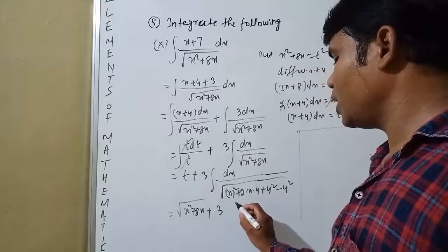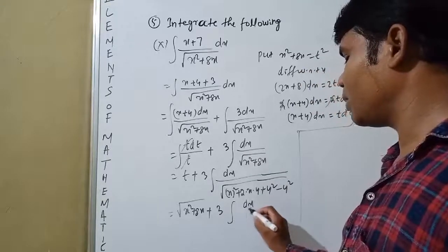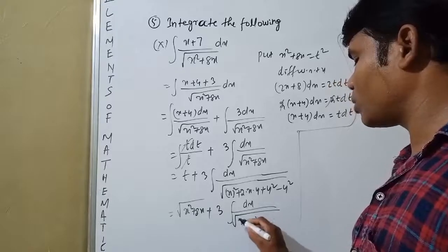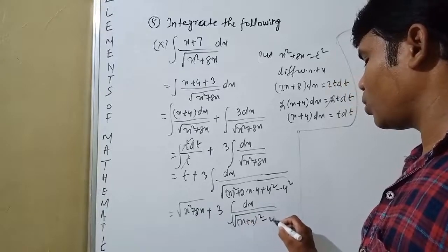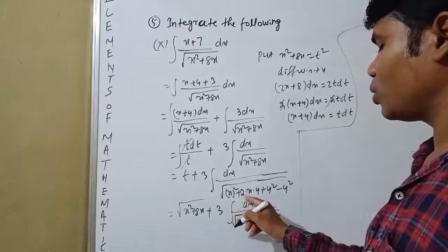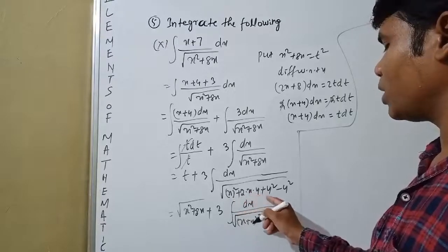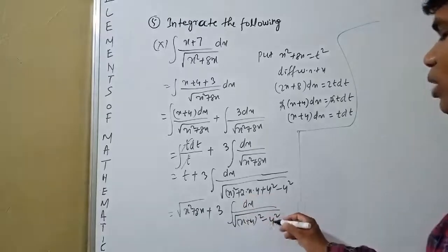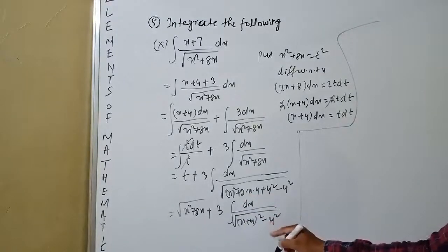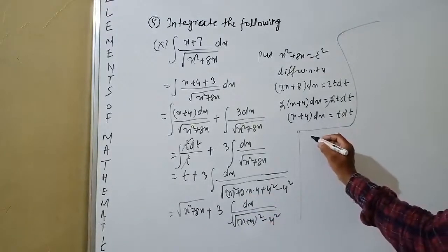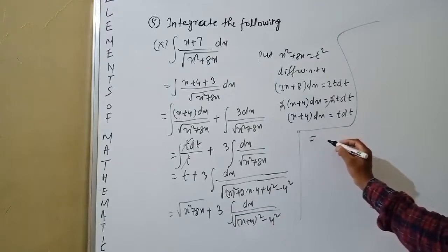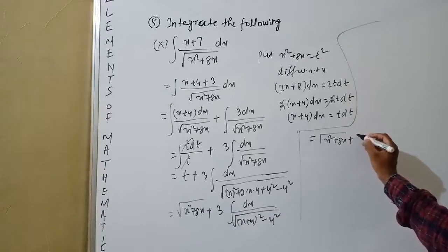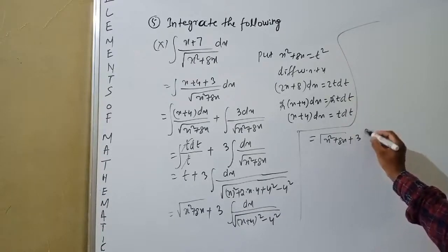Here you say integration of dx by root over x plus 4 whole square minus 4 square. You see a square plus 2ab plus b square, this is in the form of x plus 4 whole square minus 4 square. Okay, is equal to root over x square plus 8x plus 3.